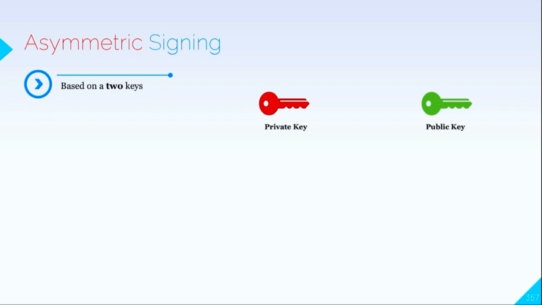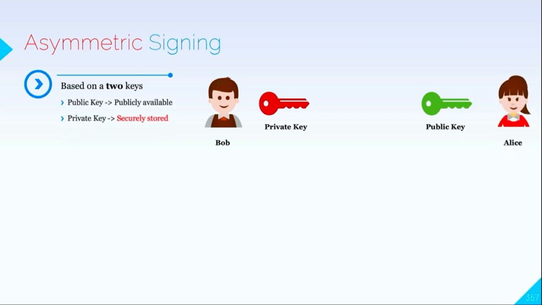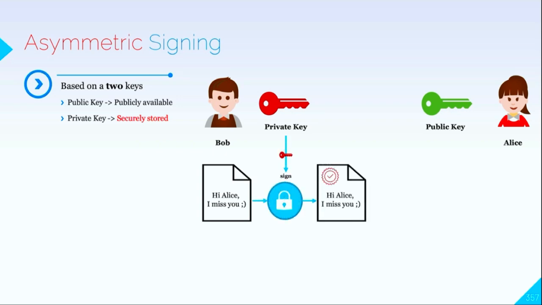Asymmetric signing is based on two keys, a private key and a public key. In this scenario, Bob, who writes the message, has a private key, while Alice, who receives the message, has a public key. The public key is publicly available for anyone or any client that wants to verify that the message truly comes from Bob. However, the private key must be kept secure. Similar to the previous scenario, Bob writes a message to Alice, "Hi Alice, I miss you," and signs it with a private key.